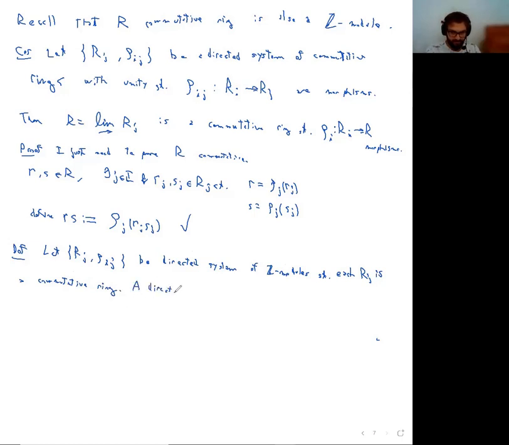And a directed system of Rj modules. So we define a directed system of R modules. So this is a directed system of Z modules, Aj, Fij, such that each one of these is an Rj module.